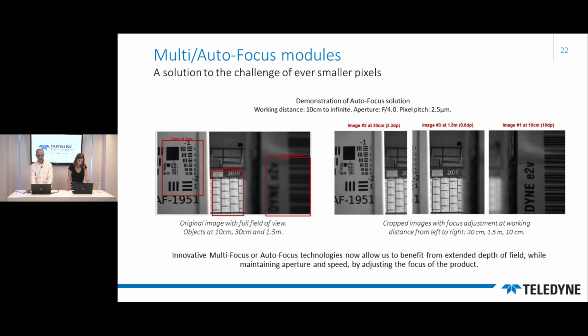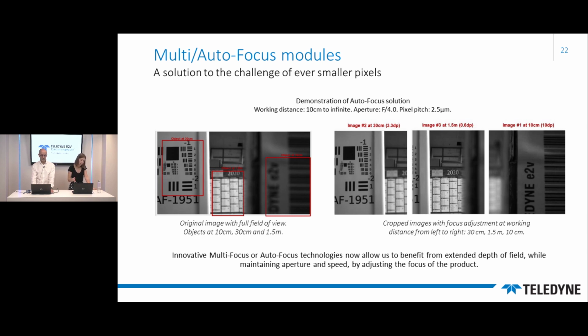So if you remember the dilemma that was expressed by Pierre a few minutes ago, there is a compromise to make between having a wide lens aperture, so light sensitivity, lot of light coming, and depth of focus, which would define a bit the flexibility I have in terms of working distance and setup.